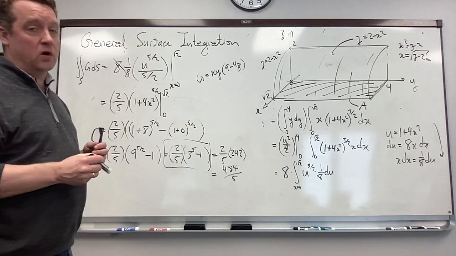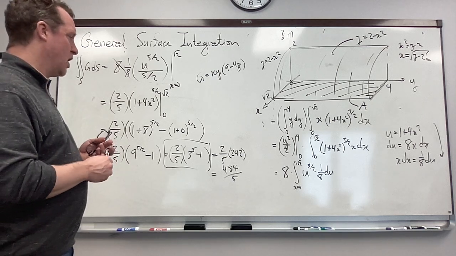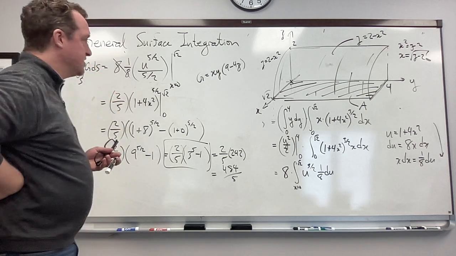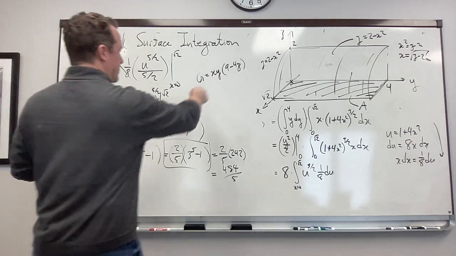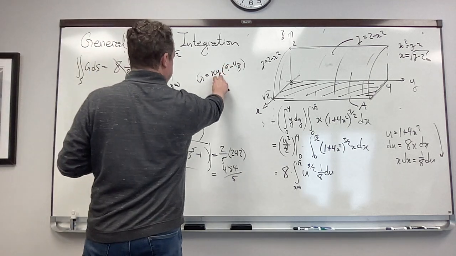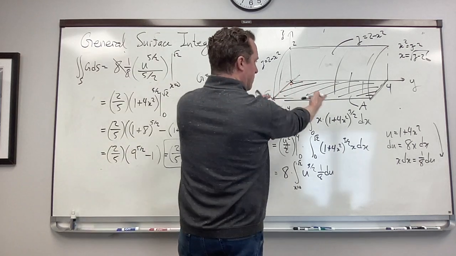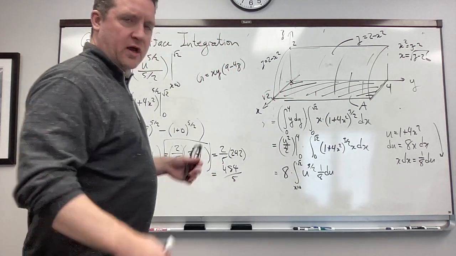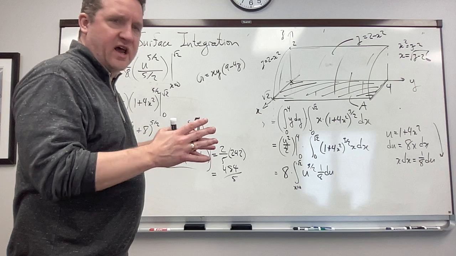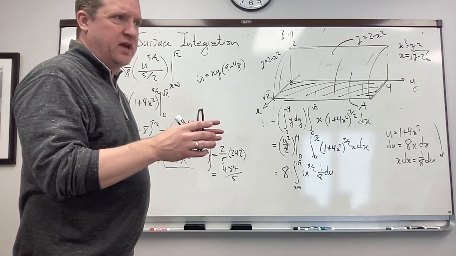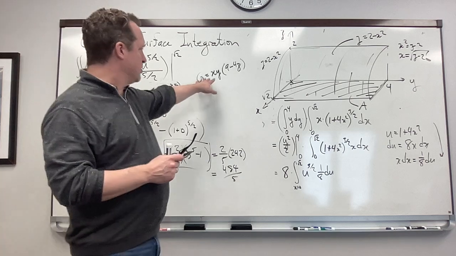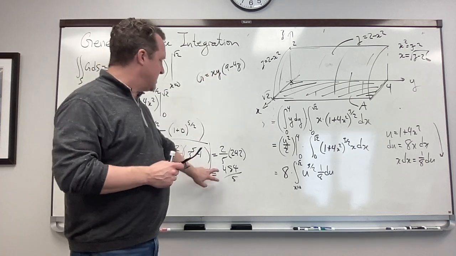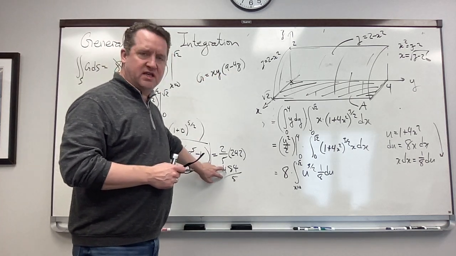It's hard to do a lot more on this. I guess one thing you could do too is ask how big an answer we expect to get. This is something on order of z, this is x, y's. The x's and y's are varying to be larger than 1. We're not integrating within a region that's 1/2 by 1/2 by 1/2. We're integrating within a region that's like 2 by 4 by stuff. So we're summing up a bunch of products of numbers. I don't expect this to be 10 to the 9.